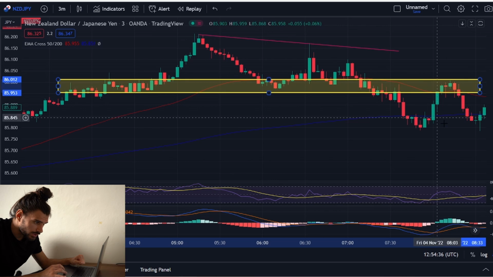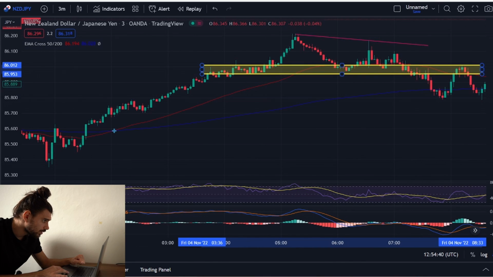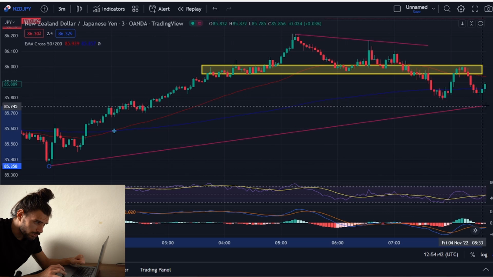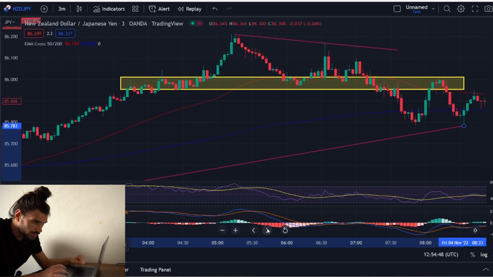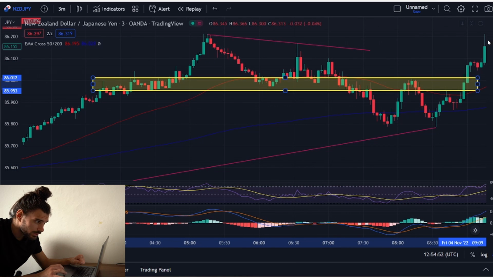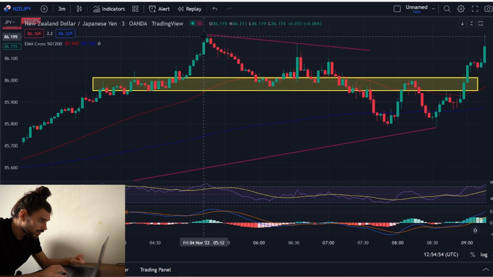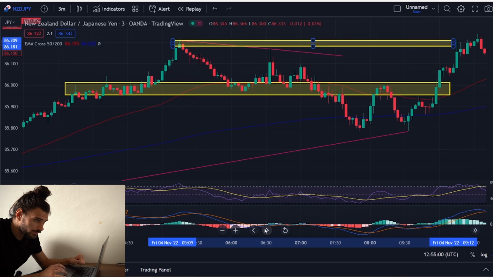Here this acts as a resistance area, but at the same time here now might be a double bottom, and if I draw my trend line around here, still kind of a bullish uptrend. So now the market goes to the upside, breaking this area, now still going to the upside here, a resistance area. So let's see whether this will be a double top or whether the market will break through.